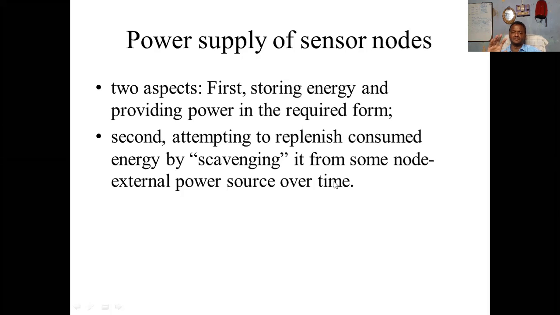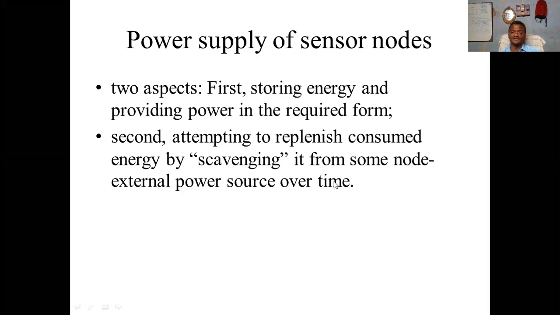You can just buy a battery having energy, and as you use the battery, the energy decreases. The energy is utilized for the application purpose. This is the first one.